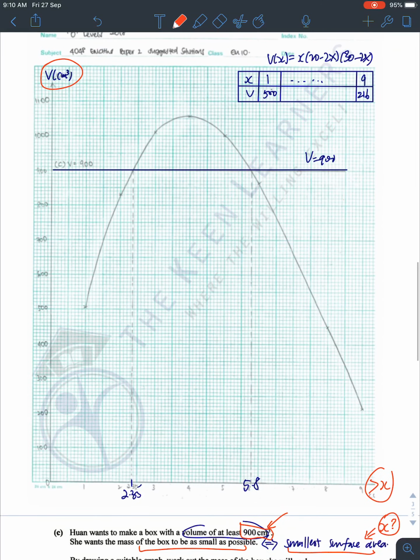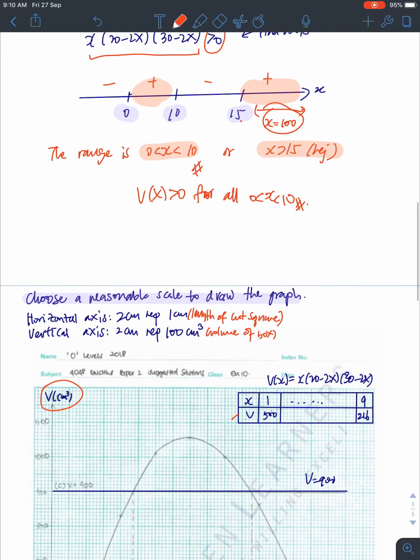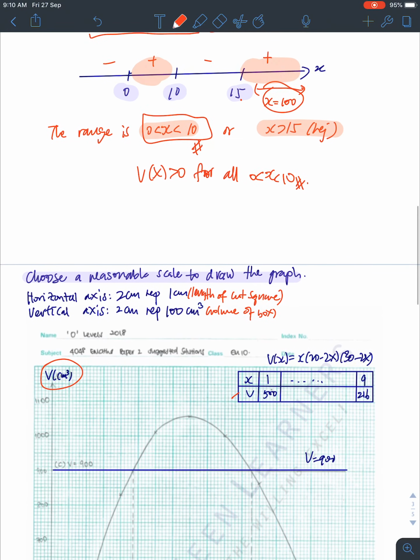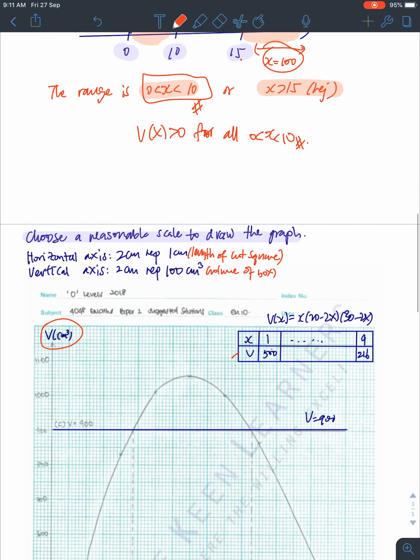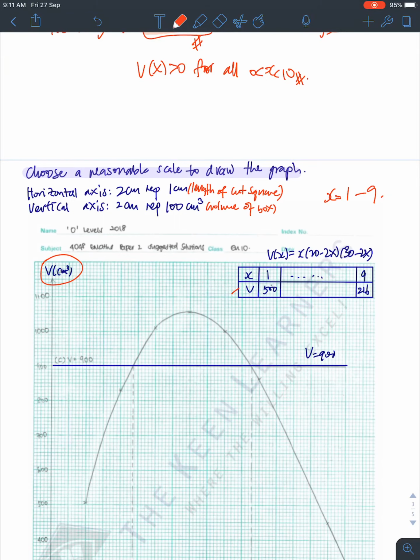Now, we need to find what values of x to consider and their respective values for V. Recall in B part 2, we have already identified this range. We need x values to be integers between 0 and 10, so x should be from 1 to 9. So I would simply plot x values from 1 to 9 and consider their respective V values.